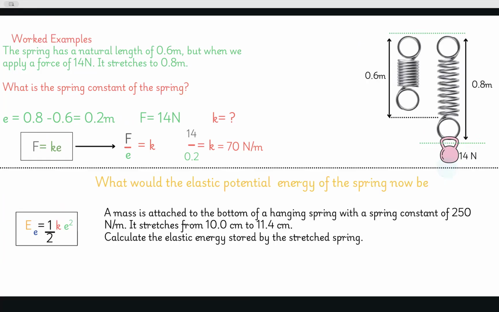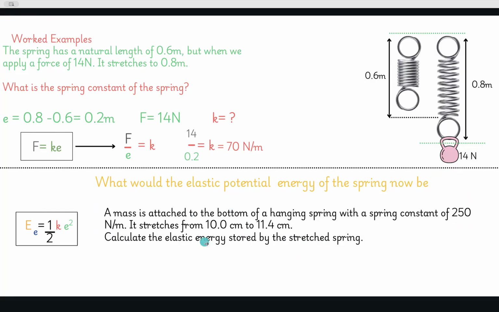Now the next question is this. What would the elastic potential energy of the spring now be? So if you have a mass attached to the bottom of a hanging spring with a spring constant of 250 newtons per meter and it's stretched from 10 centimeters to 14 centimeters, and you're asked to calculate the elastic energy stored by the stretched spring, then what we're first going to do is, okay, we've got the spring constant, that's in newtons per meter, that's fine.